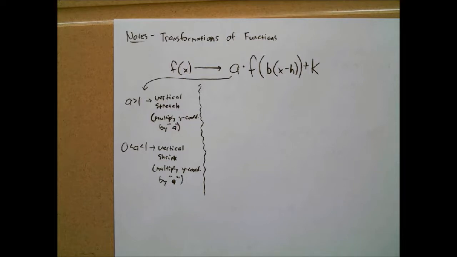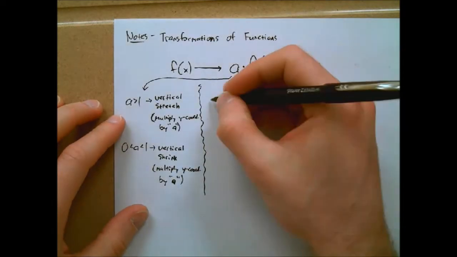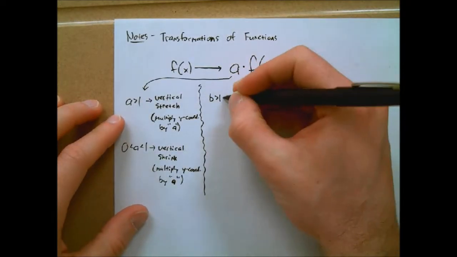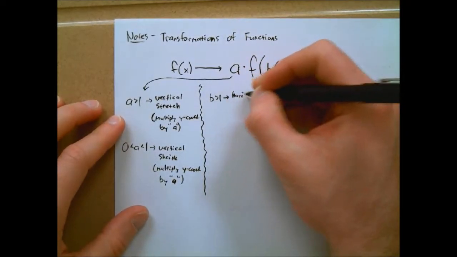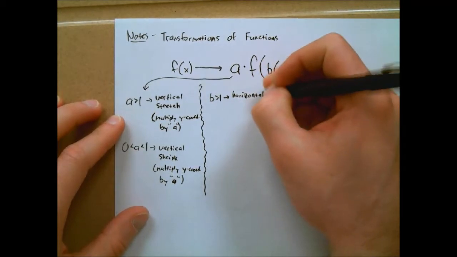Okay. Now in this case, it was the opposite of what you expected, right? When you started putting a 2 in, instead of it growing wider, it grew more narrow. So it's kind of the opposite. So now if b is greater than 1, that's a horizontal shrink.